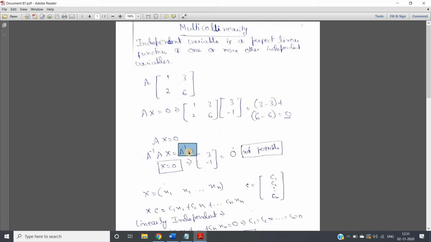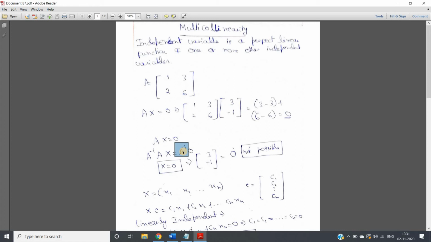A inverse 0 is 0, and A inverse A is the inverse multiplied by that matrix, which should be the identity matrix, and the identity matrix multiplied by X should be X only. So we get X equal to 0. But what is X? X is 3, minus 1. So 3, minus 1 equal to 0. Is it possible? No, it is not possible. So what is the conclusion? That A inverse does not exist.